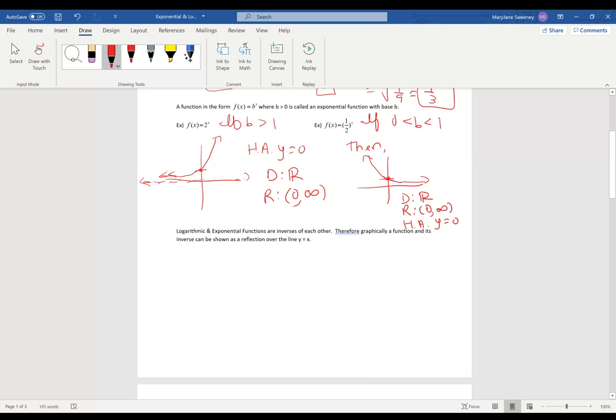Logarithmic and exponential functions are inverses of each other. Therefore, graphically, a function and its inverse can be shown as a reflection over the line y equals x. So if I said an exponential function looks like this. So let's say this is y equals b to the x, some base b to the x power.